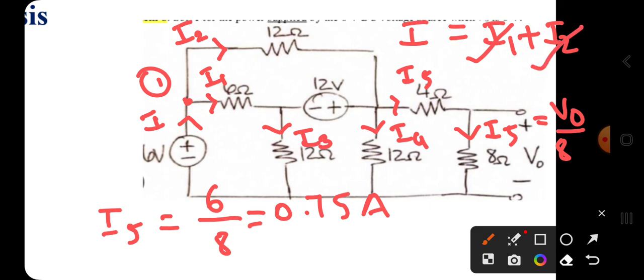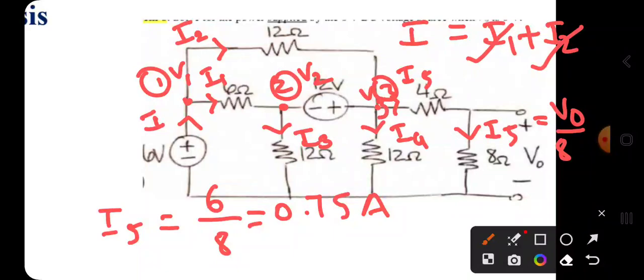How can I find them? Let me assume there are 3 nodes: node 1, node 2, node 3. Let us assume node 1 voltage is V1, node 2 voltage is V2, node 3 voltage is V3.